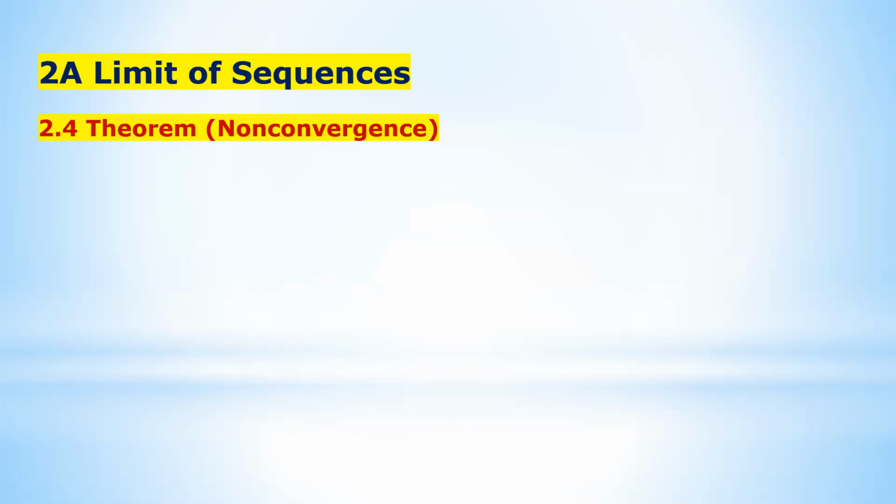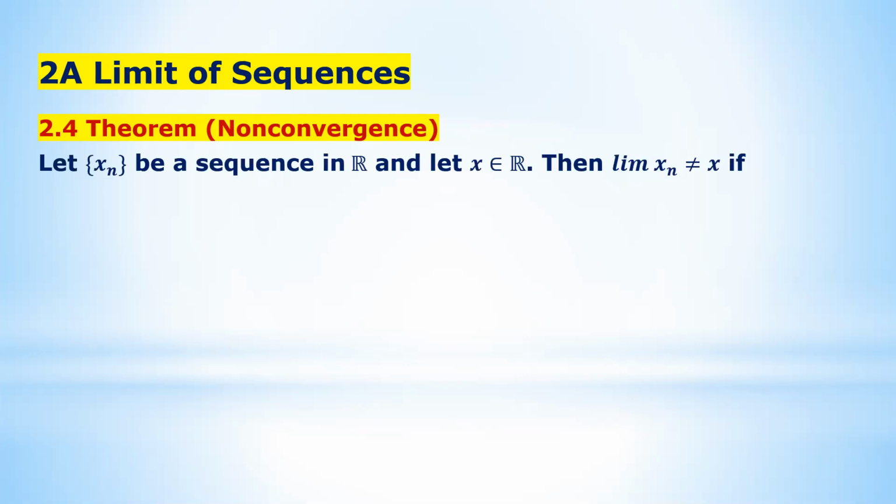What I mean by non-convergence is how to say a sequence does not converge to something. That means I'm talking about the negation of the epsilon definition. Suppose you have a sequence xn, and you have x. What does it mean that the limit of xn is not equal to x?